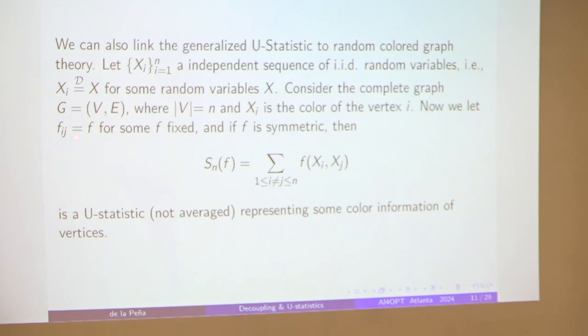If we let f_ij equal f for some fixed f, and if f is symmetric, then this is a U statistic, not averaged. So you can study the U statistic using decoupling. And I'll give you a practical example in the next slide.